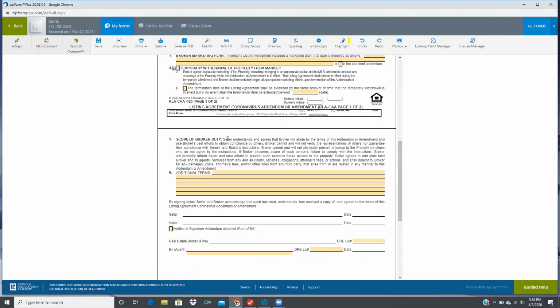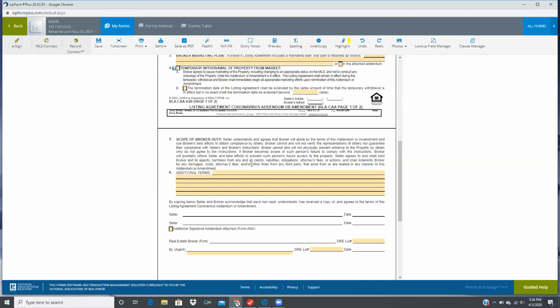5, I do like 5. Basically it says seller understands and agrees that the broker will abide by the terms of this addendum or amendment and use broker's best efforts to obtain compliance by others. Broker cannot and will not verify the representations of others nor guarantee their compliance with seller and broker's instructions.